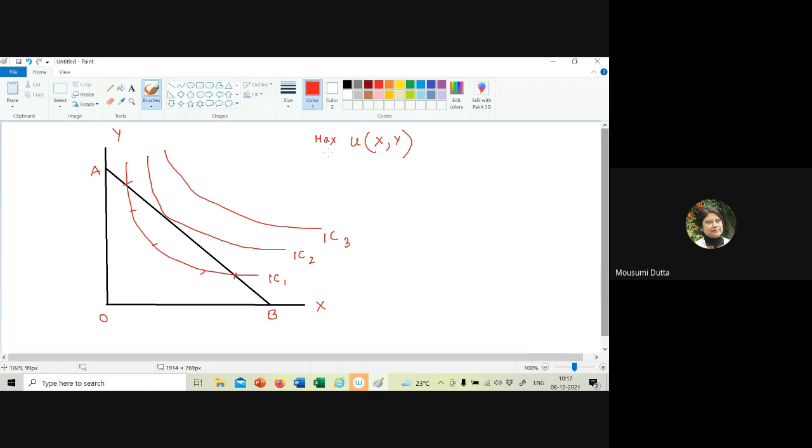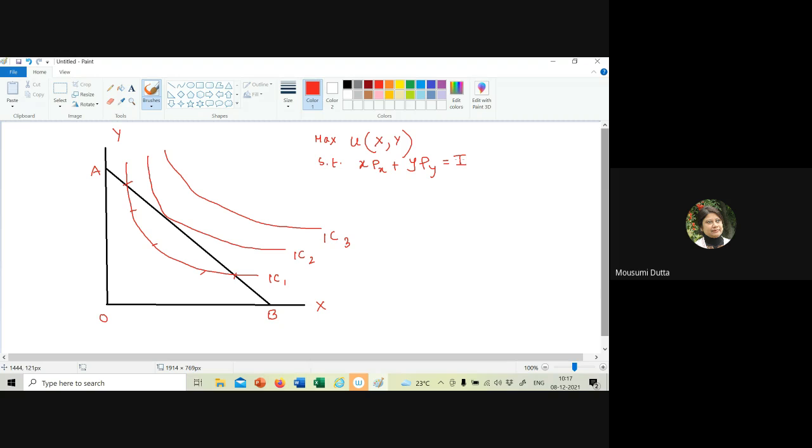to maximize utility subject to this: X px plus Y py is equal to I. We can start with less than or equal to I, and then I will tell how I can consider only the equality constraint as well.